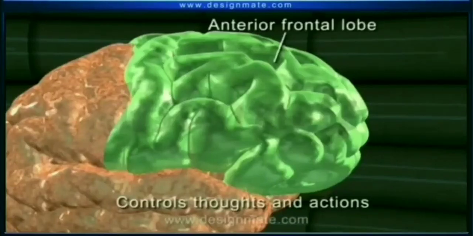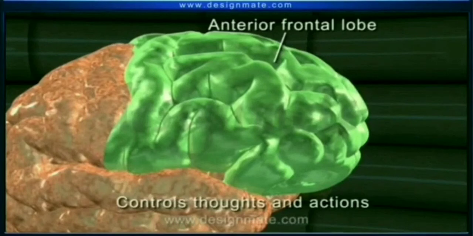First, the frontal lobe has the motor area, which controls voluntary motor activities or movements of muscles. The premotor area is the higher center for involuntary movements and autonomic nervous system.